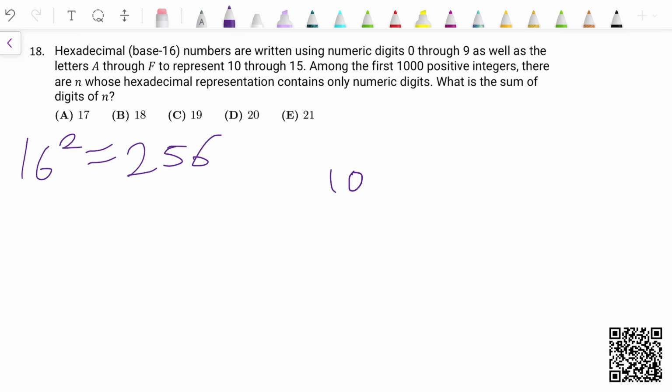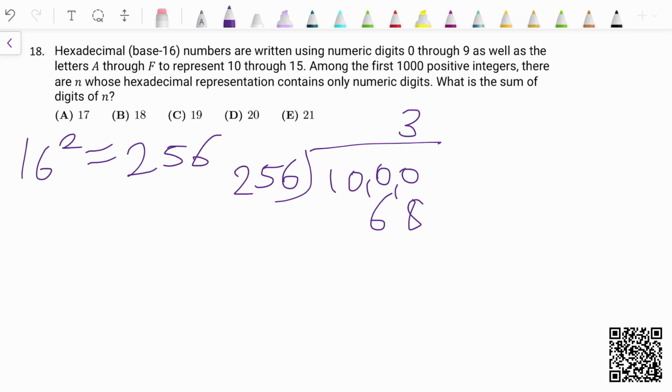So converting 1000, we basically just have 1000 divided by 16 to the power of 2, which is just 256. If we try 3, we get 3 times 6, which is 18, 3 times 5, which is 15, plus 1, which is 16, 3 times 2, which is 6, plus 1, which is 7.